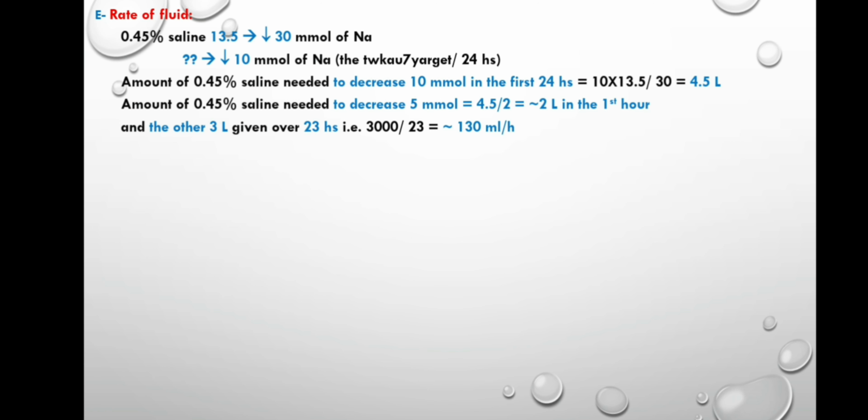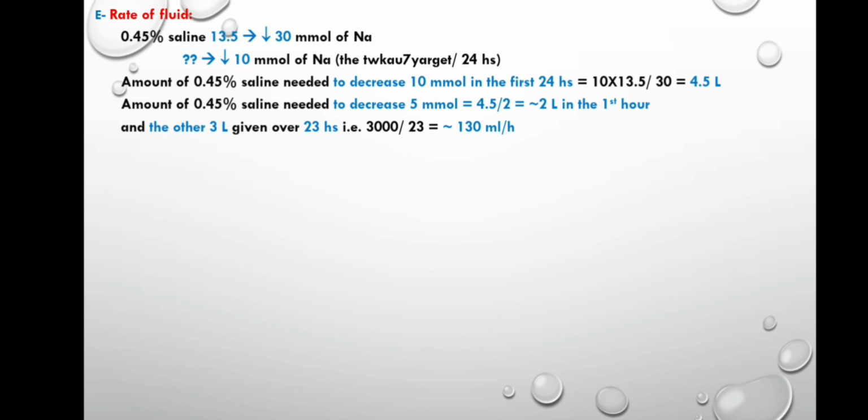Simply, as we told, if we are using half normal saline, this 13.5 liters will decrease the sodium from 170 to 140, so it will decrease the sodium by about 30 millimoles, and our target is to decrease only 10 millimoles in the first 24 hours.